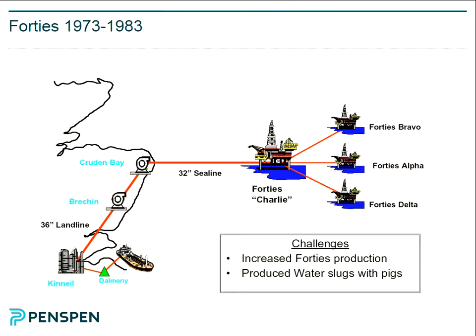Challenge is now we've got CO2 and H2S contamination. Because the interesting thing here is, of course, whatever you considered about this original field, you only considered a product from this Forties reservoir. Now you've got all these other fields producing into it with different reservoirs, different compositions. So suddenly you're getting issues that you weren't expecting potentially.